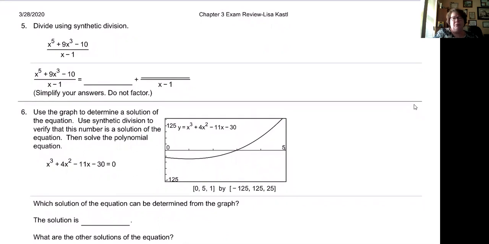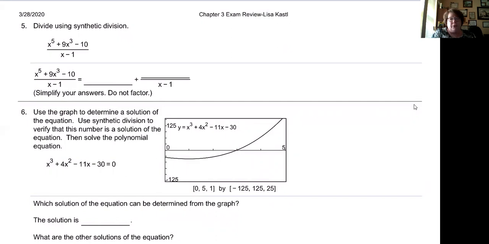Now, to be able to divide a polynomial by another polynomial using synthetic division, you have to have all the terms in your dividend. So if you have any terms missing, you need to write those in using coefficients of 0. So my dividend is x to the 5th plus 9x to the 3rd minus 10. And I do have missing terms.